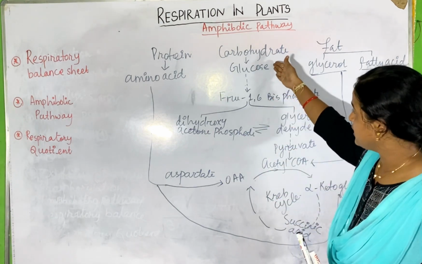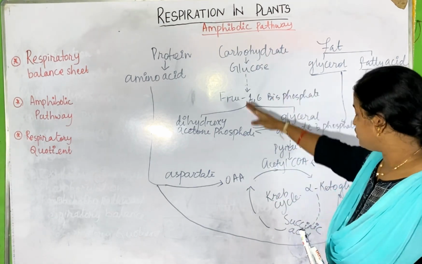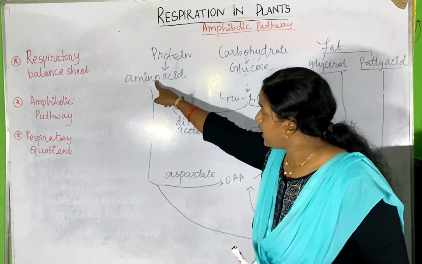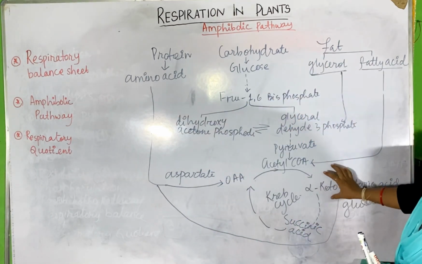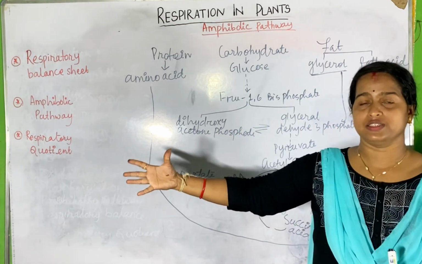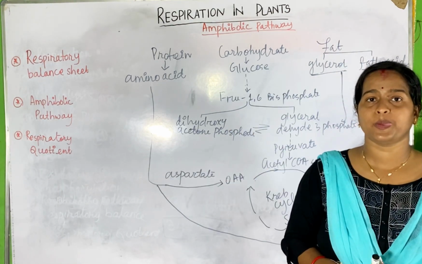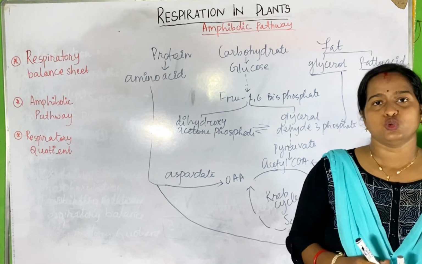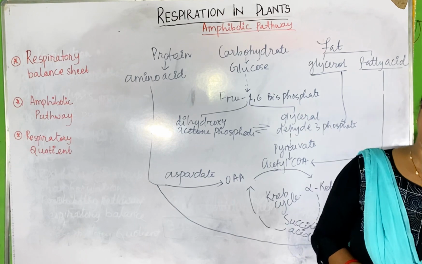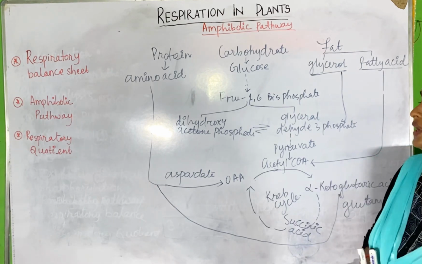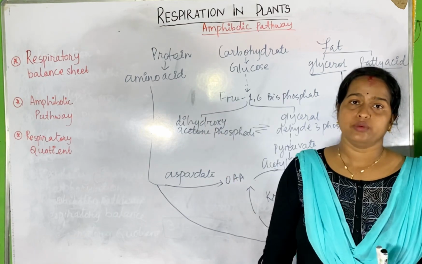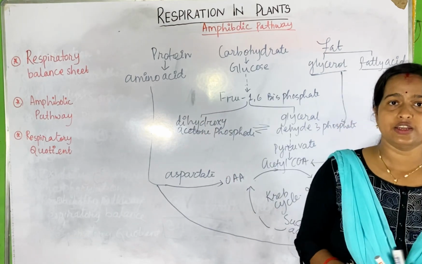Here we see the complex molecule break down into simpler things. But from here to amino acid and these products to fats, this is simple things to complex things. That means the process is anabolic. So the process of respiration can be anabolic and can be catabolic. So it will be better to call respiration an amphibolic pathway, not a catabolic process.